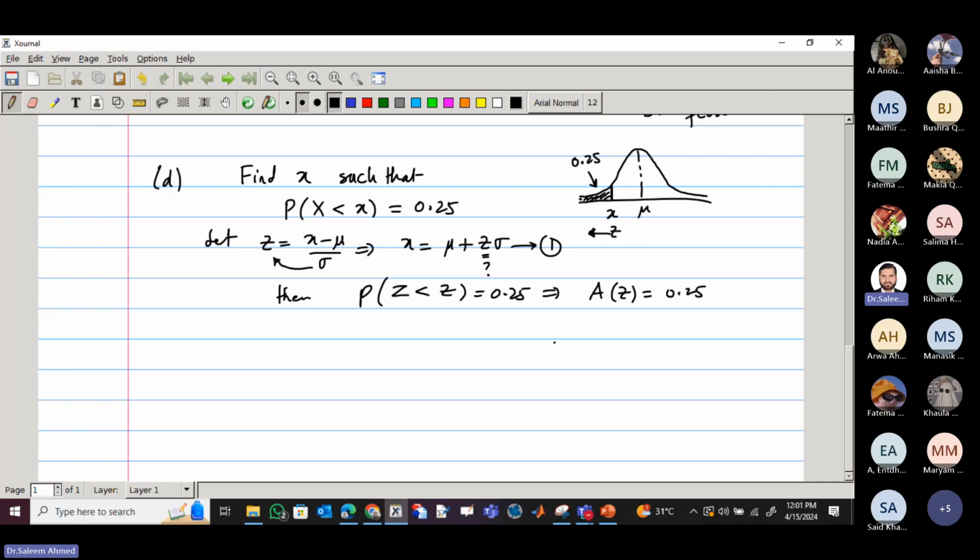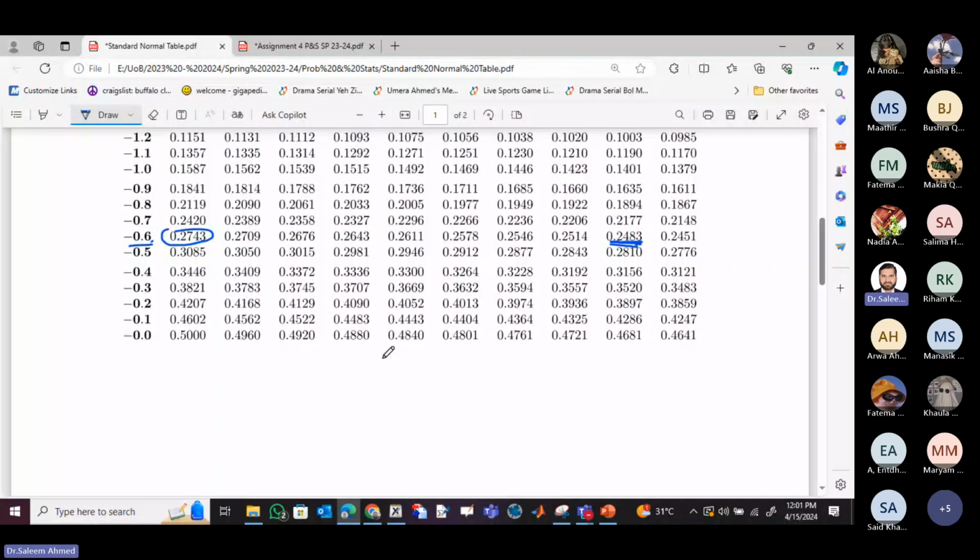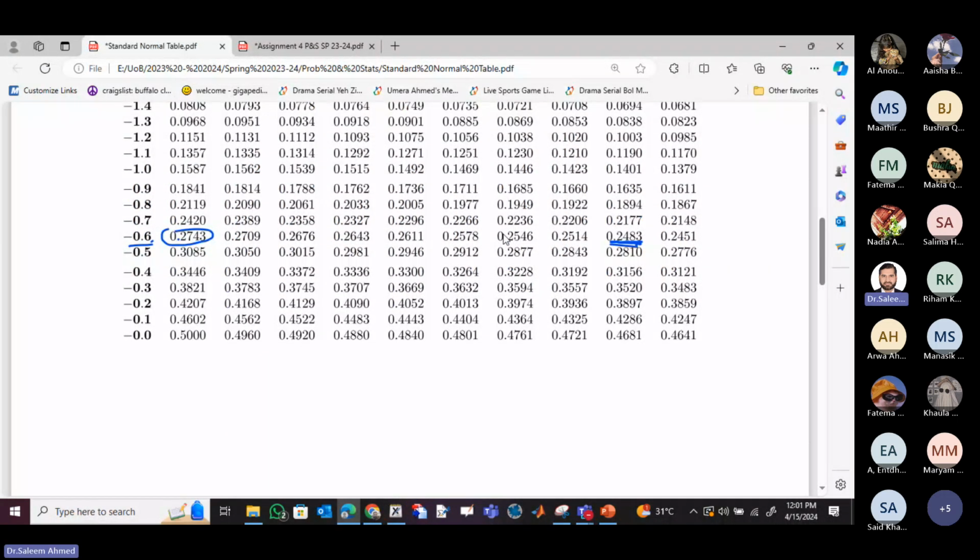That's what I'm looking for, right? So I know from the table, which value gives me area 0.25. So I will look inside the area now, for the area which is 0.25.